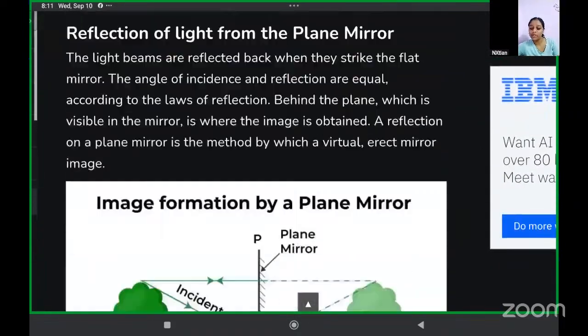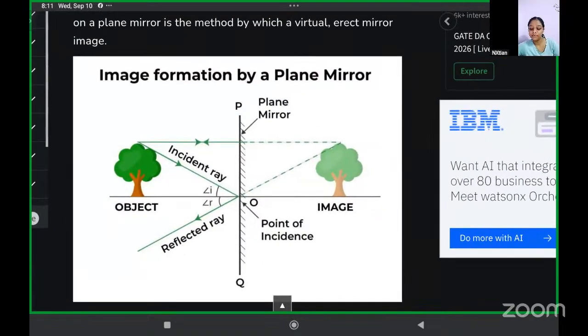Do you want to draw this diagram? No, ma'am, because we know this, it is understandable. You forgot one virtual image formation, ma'am.